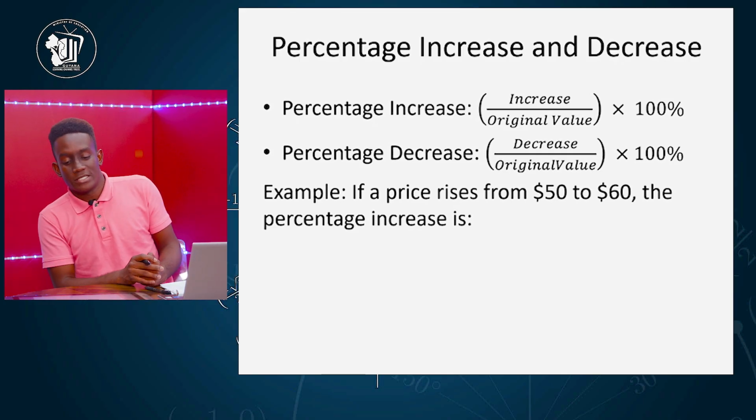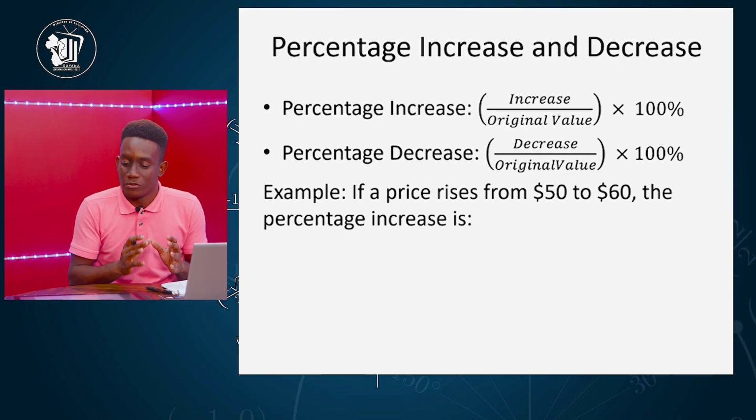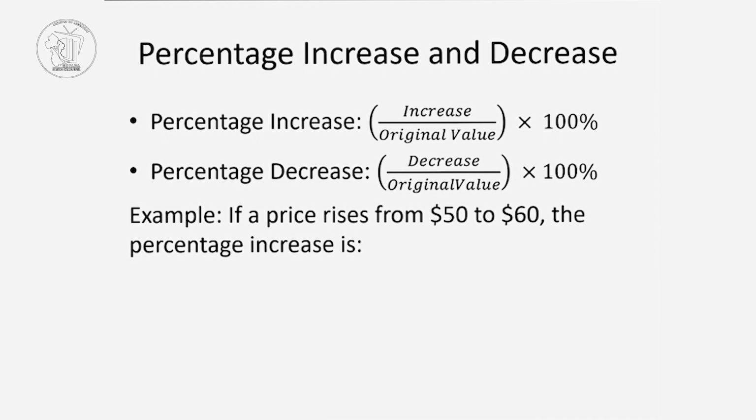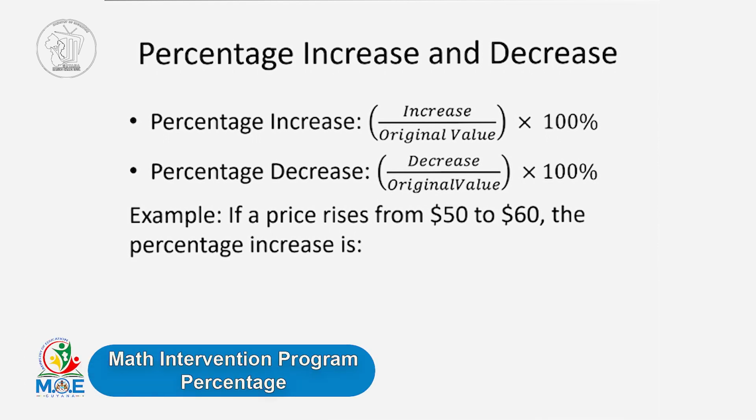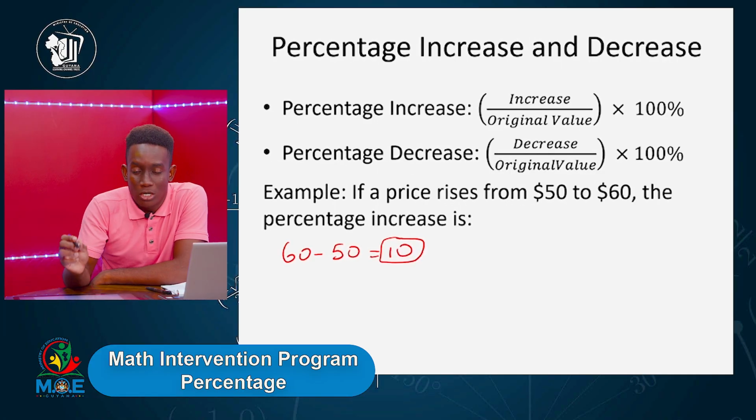So this example says, if a price raises from $50 to $60, the percentage increase is, so we first find what is the increase, how much did this price increase by? So this will be 60 subtract 50 will give us 10. So we see the price increased by $10.